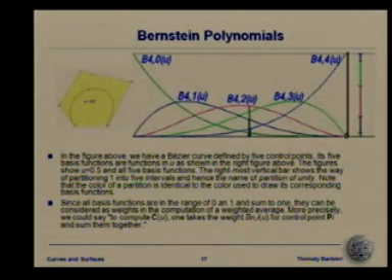Because look, with u at the beginning here, the most prominent contribution is given by B40 and B41. So the positions of P0 and P1 are the most significant for determining the position of the curve. The position of P3 and P4 here, P3 is the green one and P4 is the blue one, is almost irrelevant, because the value of B is near 0 here.